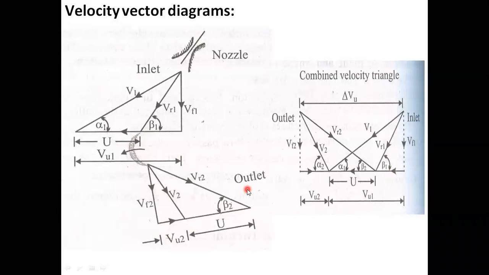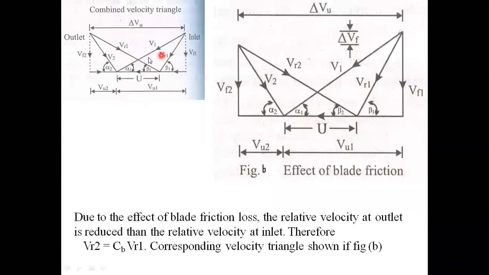So next, this is our combined diagram and the effect of blade friction. In that case we considered this diagram without friction losses, but here we have considered blade friction. So what is the effect of friction on our turbine blade?